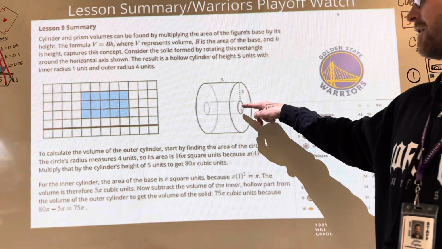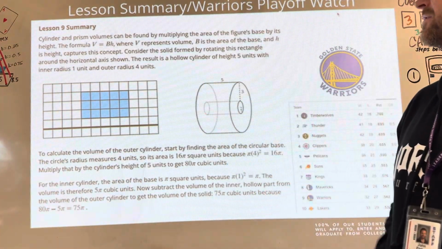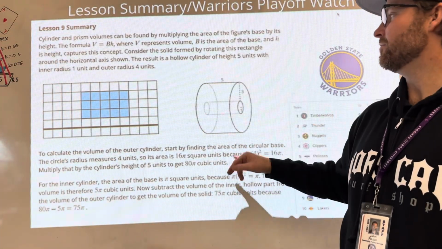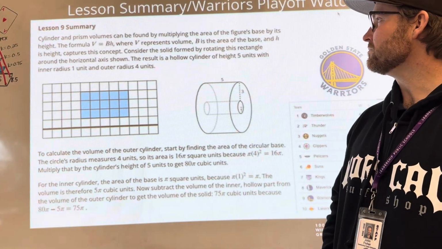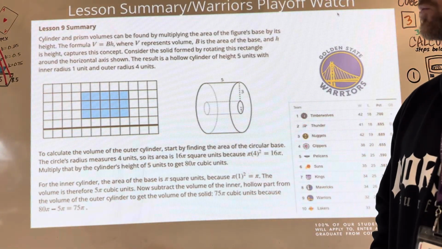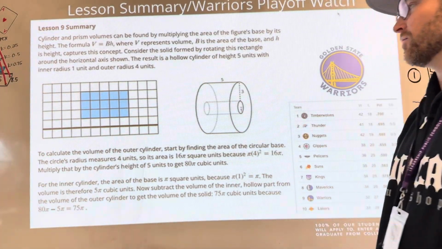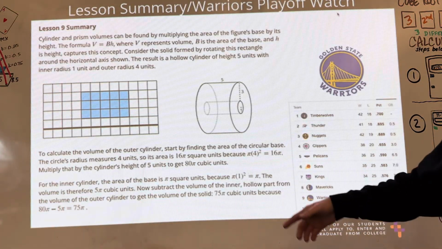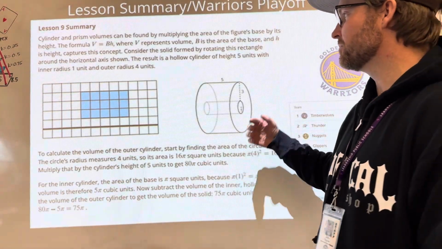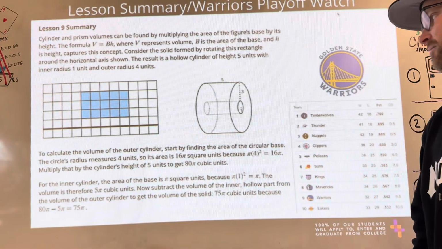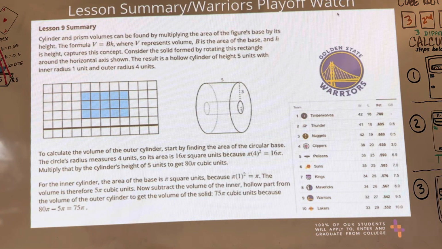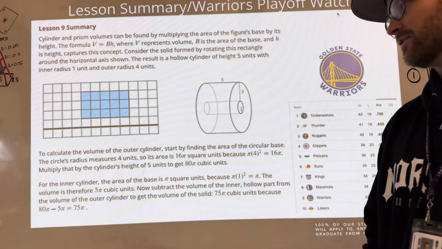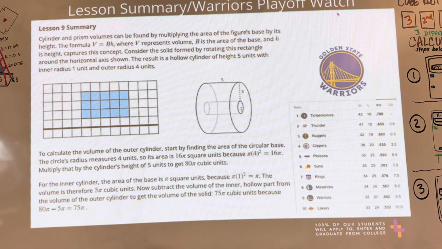The result is a hollow cylinder of height 5 with inner radius 1 and outer radius 4. So yeah, you gotta find the area of the circular base. And then you gotta find the inner cylinder, and then take the big one minus the small.